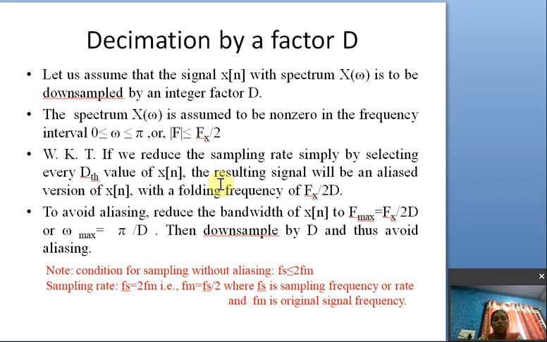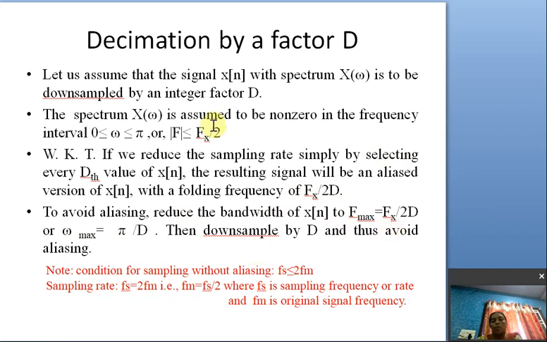So to avoid that aliasing, we should consider the value of D carefully. That means reduce the bandwidth of x of n to f max equal to Fx by 2D, or omega max equal to pi by D, then downsample by D, and thus avoid aliasing.